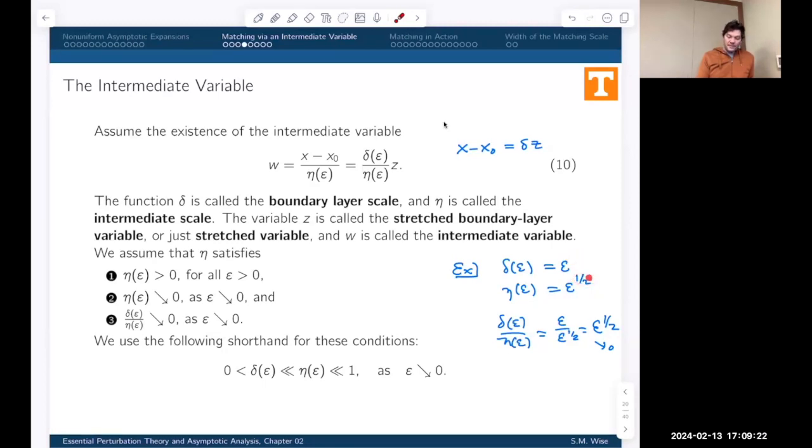But really, this guy is bigger than that as epsilon goes to 0. We have epsilon to the 1/2 and epsilon here. So all this means is 1 is much bigger than epsilon to the 1/2 as epsilon goes to 0, and epsilon to the 1/2 is much bigger than epsilon as epsilon goes to 0.